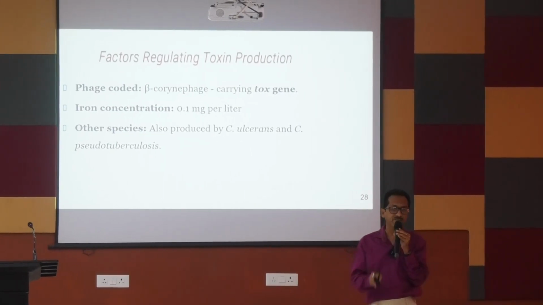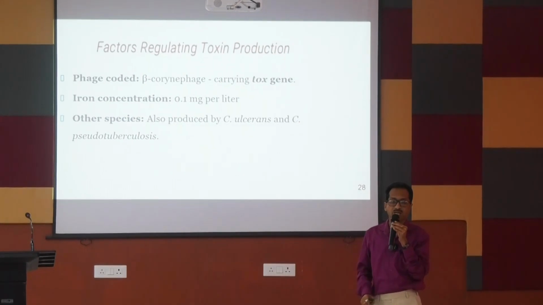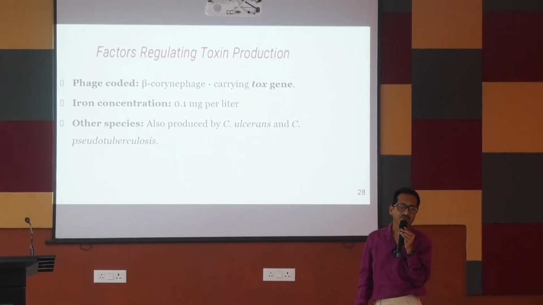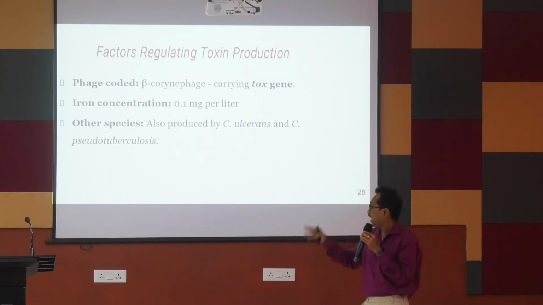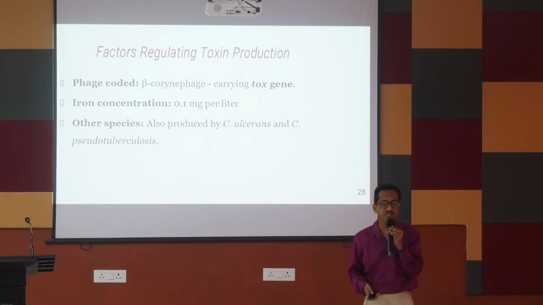A single test can be done to differentiate these three. What is that test? That is the urease test. Corynebacterium diphtheriae is urease positive, negative, sorry. Corynebacterium diphtheriae is urease negative, and Corynebacterium ulcerans and Corynebacterium pseudotuberculosis are urease positive. This is one of the MCQs.